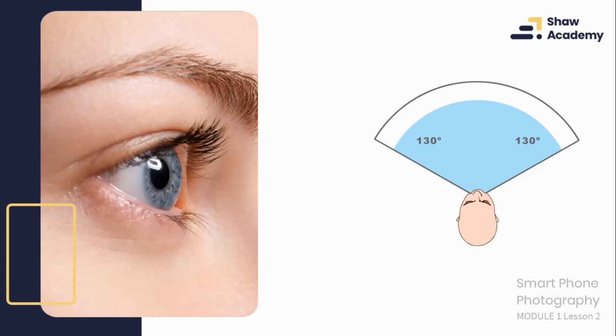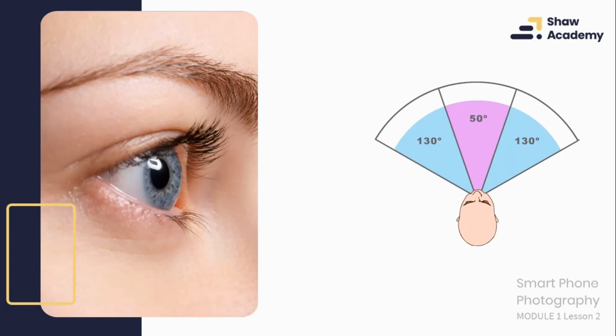But if you actually think about what the focused part of our vision is, how many degrees do you think that is? Our full field of vision is somewhere in the range of 130 degrees. But if you think about exactly what you're looking at ahead of you, it's a much narrower field of vision, in the region of 50 degrees. So when we look straight ahead and focus on something, what's in focus to our eyes is in the region of 50 degrees.